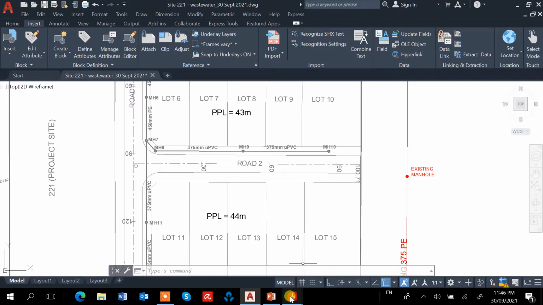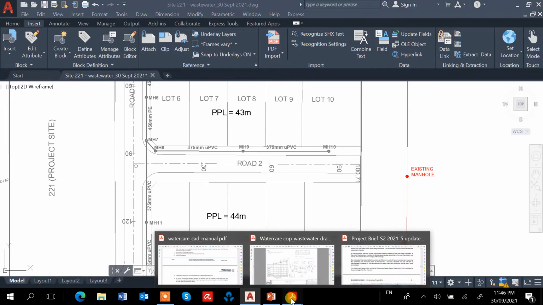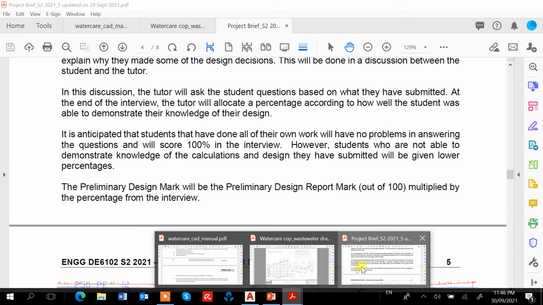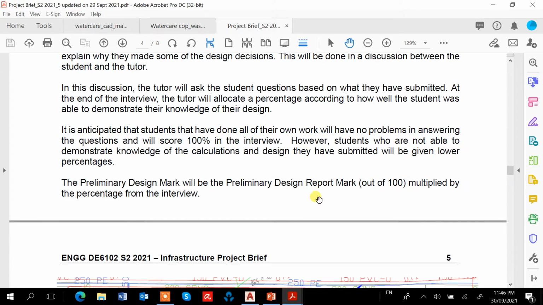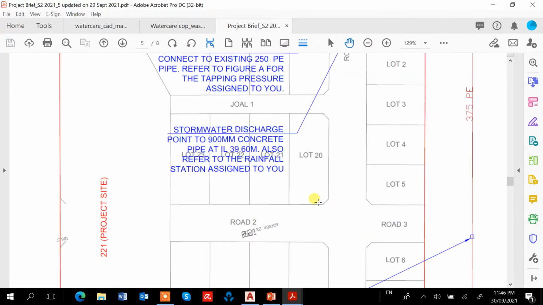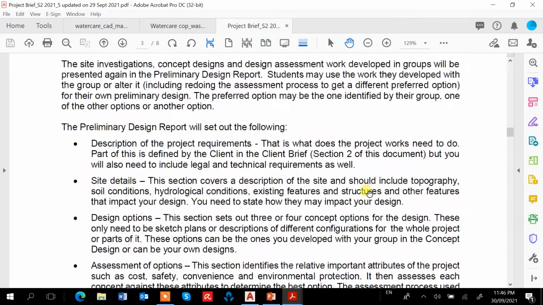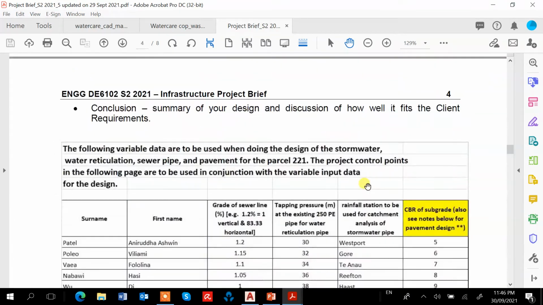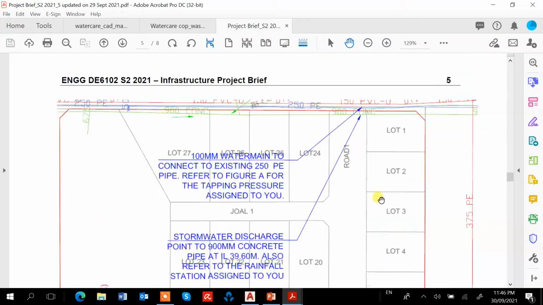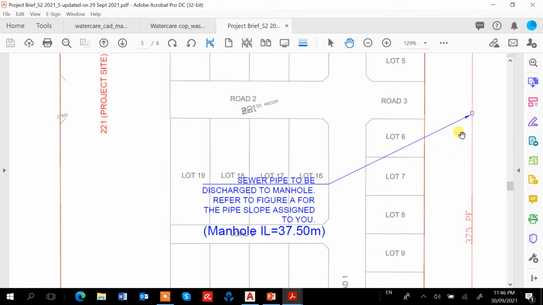The invert level of this manhole is given in the design brief, the one that I revised recently. All the sewer pipes are to be designed to discharge to the existing manhole.